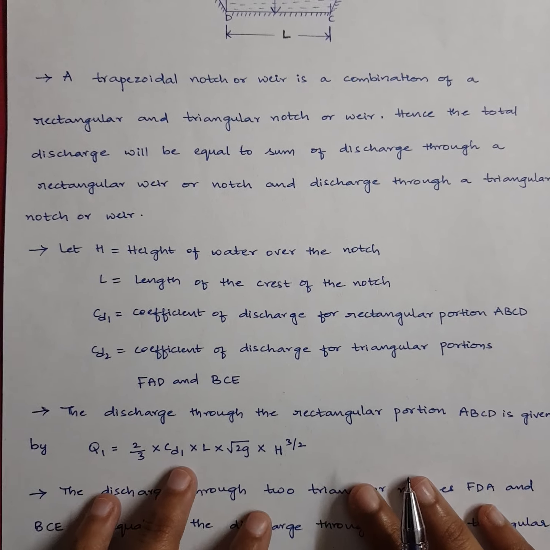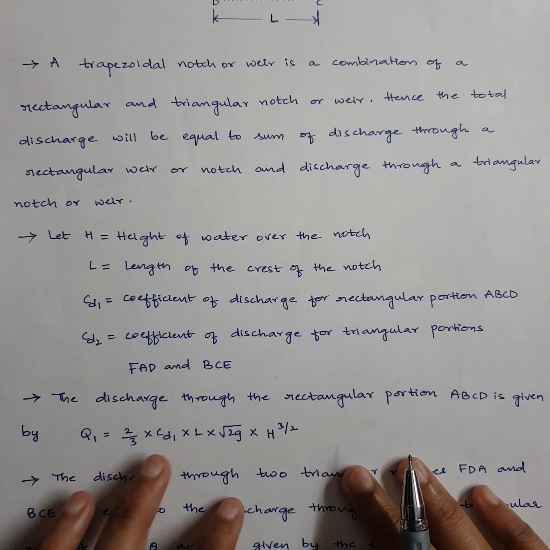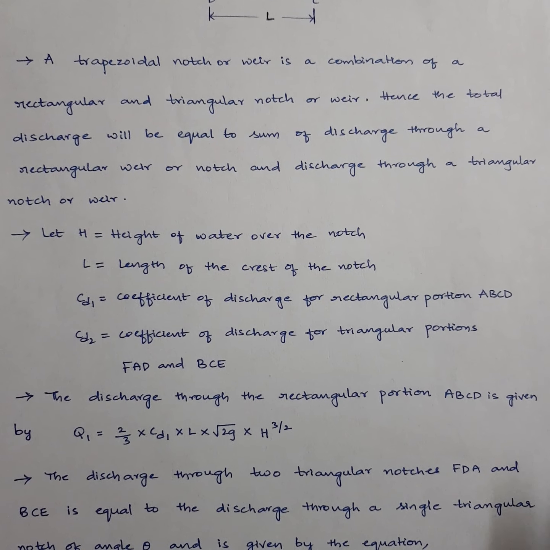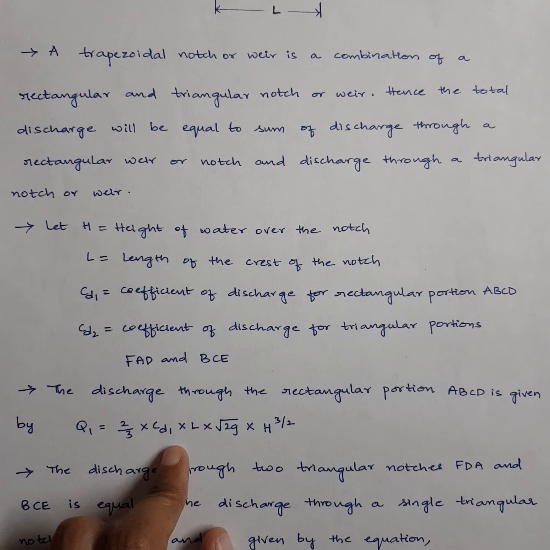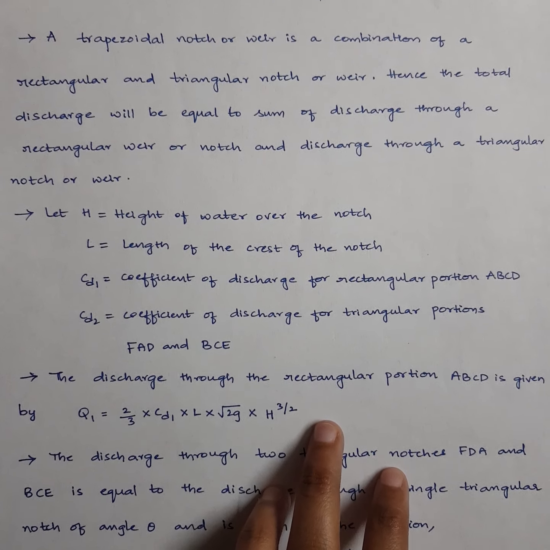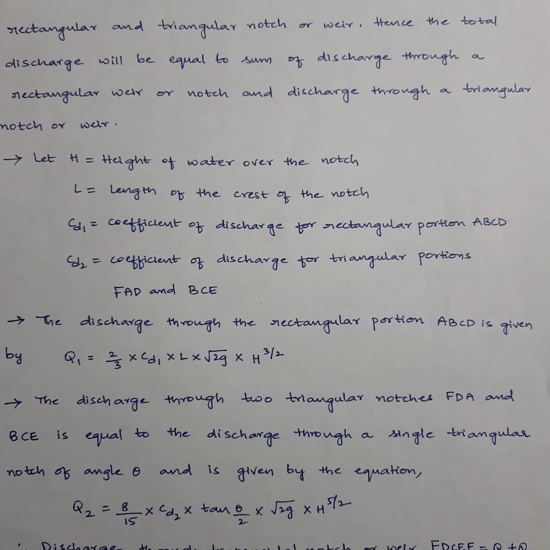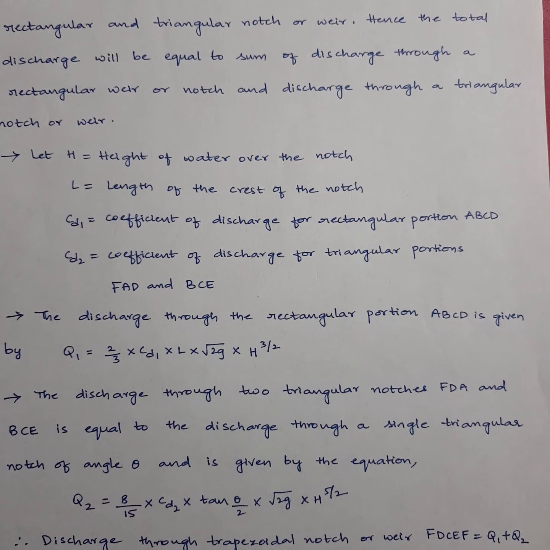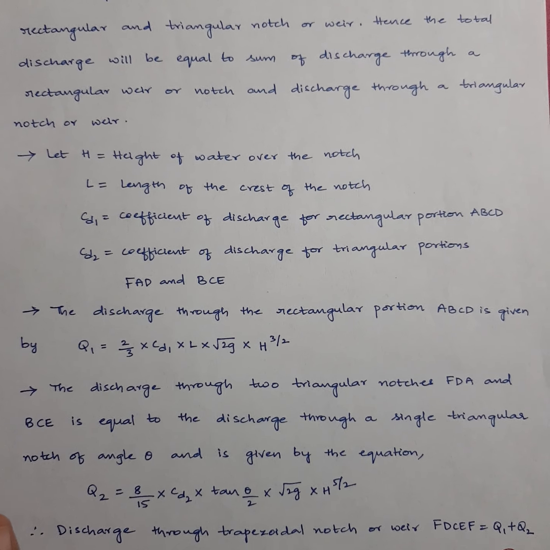According to our formula for discharge through a rectangular notch, what's the formula for discharge Q? It is CD into 2 by 3 into L into root 2g into H power 3 by 2. Since for the rectangular portion I am taking CD as CD1, this becomes CD1. Let this be Q1. Similarly, when we combine the two triangular portions FAD and BCE, two halves are becoming one triangular notch.